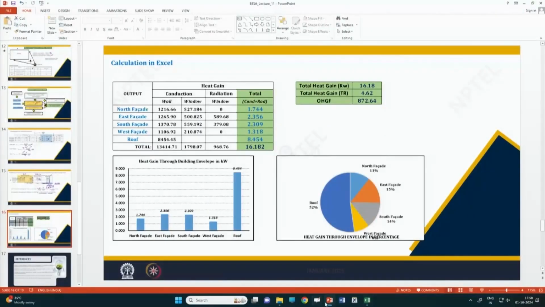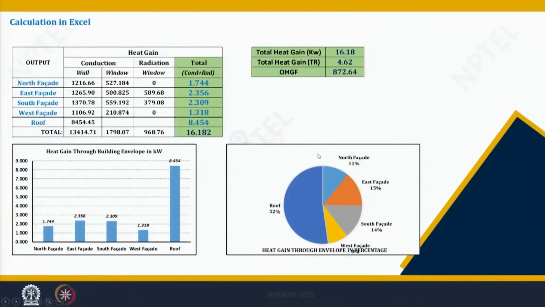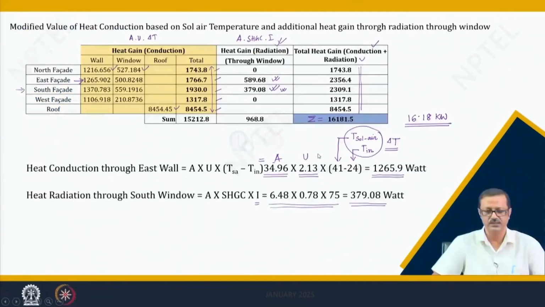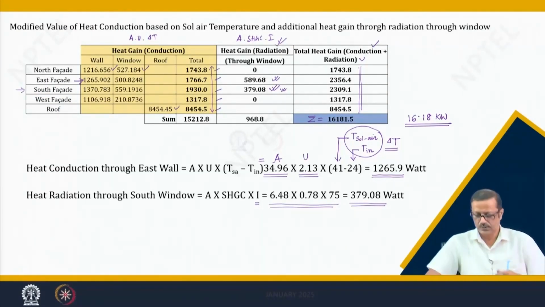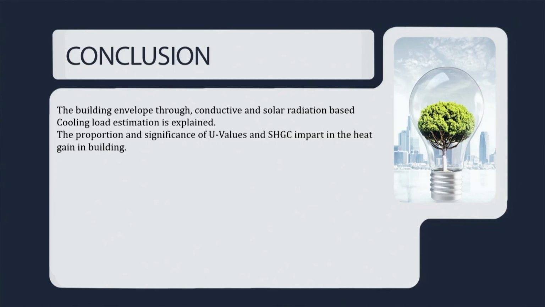So, again let us go back to the PowerPoint presentation. Here we have that particular discussion of what we got if I take care of the radiation also in the surfaces. The nutshell of this discussion is that the total building envelope, through conduction and solar radiation, has been taken into account, and cooling load is estimated and explained.